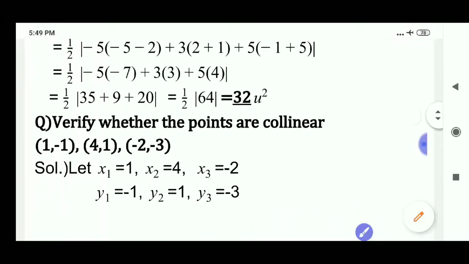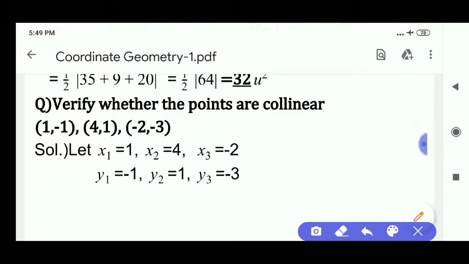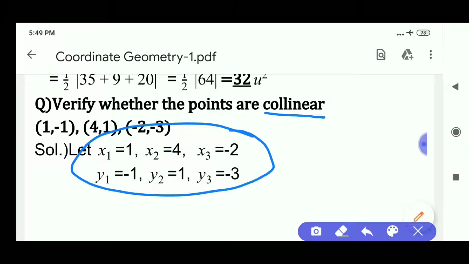Now let us go to one more question. Verify whether the following points are collinear. Collinear means the area of that triangle should be 0. Same process. x1 is 1, x2 is 4, x3 is minus 2, and y1 is minus 1, y2 is 1, y3 is minus 3.